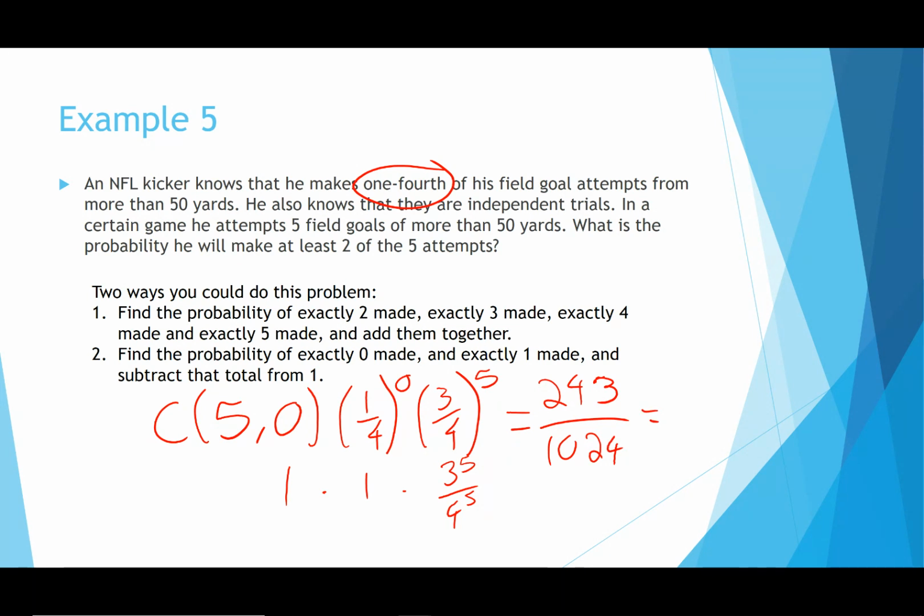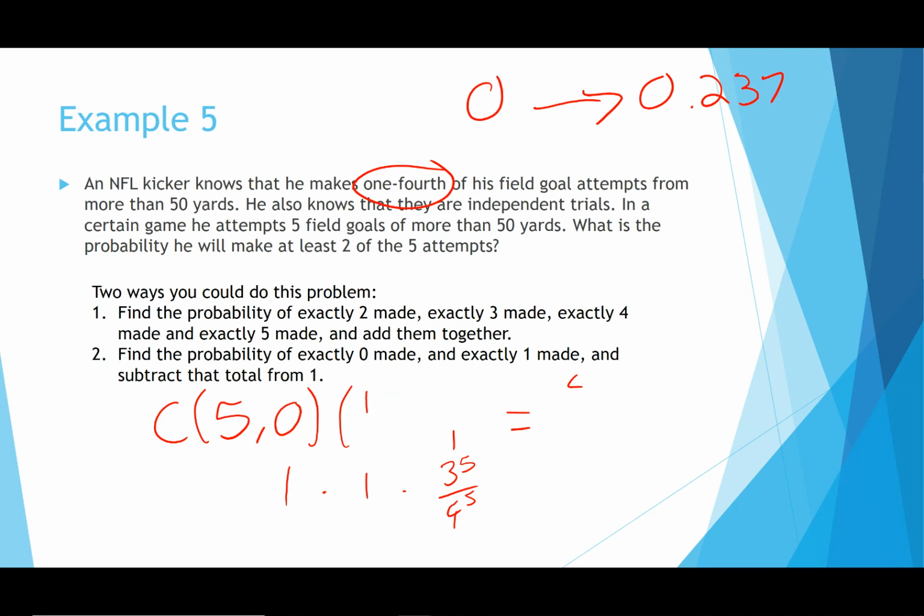So 243 divided by 1024 is about 0.237. So I'm going to write that up here, 0.237. That's the probability that he makes exactly none of the kicks, okay? So he's just a big time failure. I probably should have left that formula there because I could have just erased the numbers and plugged them back in. Let's find the probability that he makes exactly 1 successful kick.